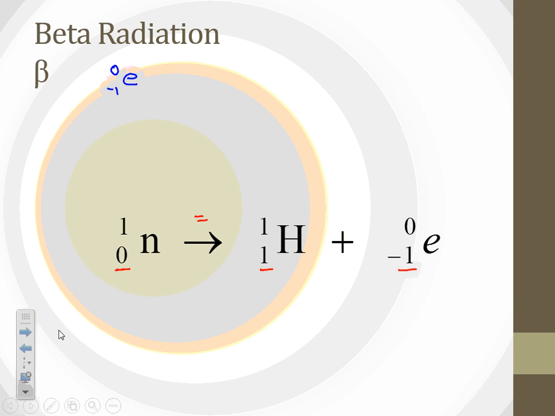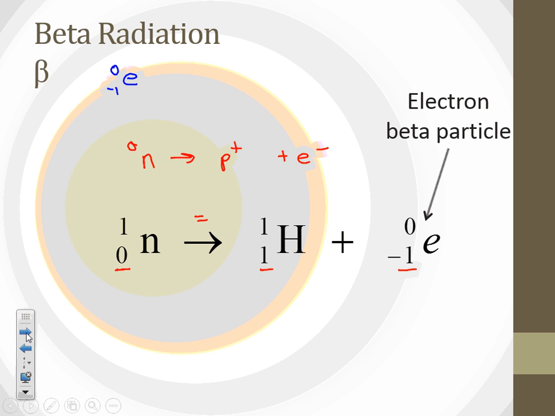So oftentimes we say, because hydrogen doesn't have an electron, we say a neutron decays into a proton plus an electron. So remember that E is your electron beta particle, and your H is your proton.